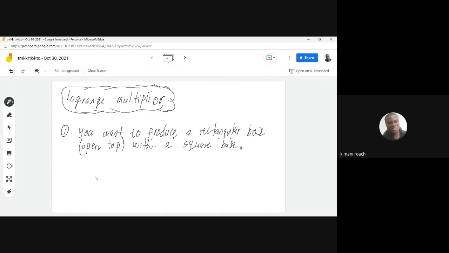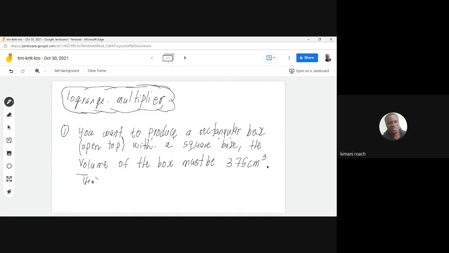Now the volume of the box must be 375 cubic centimeters. The volume of the box must be 375 cubic centimeters.